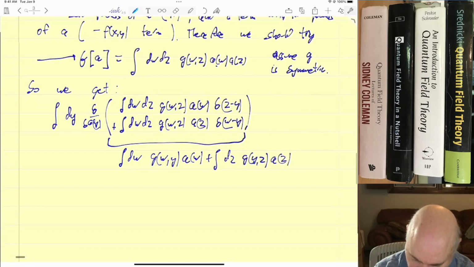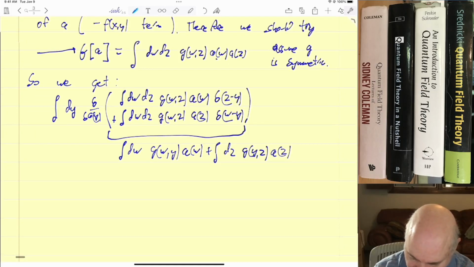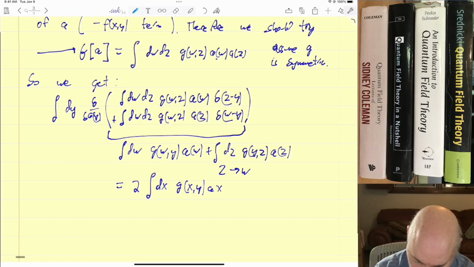But you can see they're the same if you just substitute z goes to w. It's the same because g is symmetric. So this is just equal to 2, and I'm going to change the variable name anyway, 2 times the integral dx g of x comma y a of x.